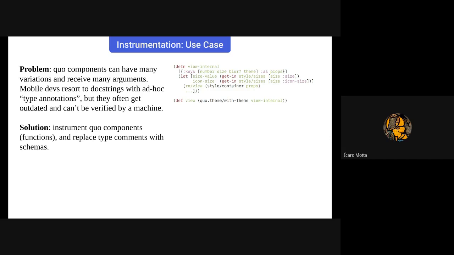We see that the destructured arguments are number, size, blur, and theme. But the props map also may contain a type keyword that's not destructured here. You have to drill down into the style container function and another function inside to see that the type can have two possible values.